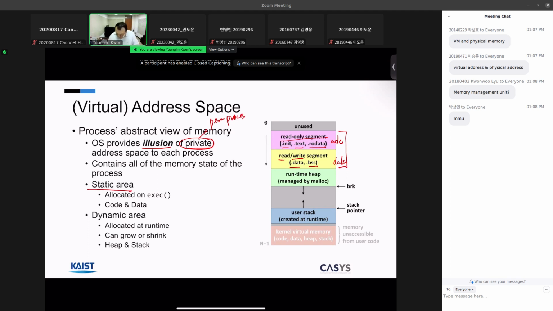The other section, heap and stack, is known as the dynamic area. The static area is allocated on exec, code and data. It means this section is created, allocated, and filled on the exec system call. If you look at the exec system call in Pintos, this section is initialized.